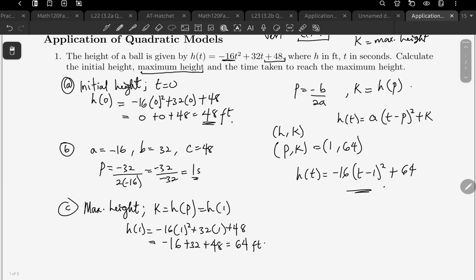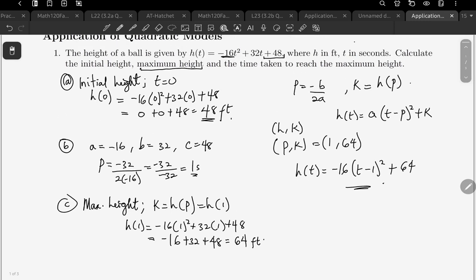So you just use the same process that we used to get the vertex. If it is a model that has to do with time and a quantity, time will be what we used to know as h, and the maximum or minimum quantity is what we know as K.